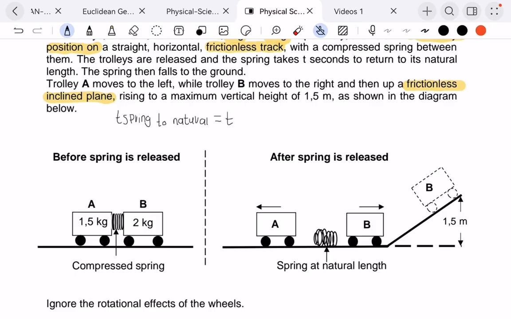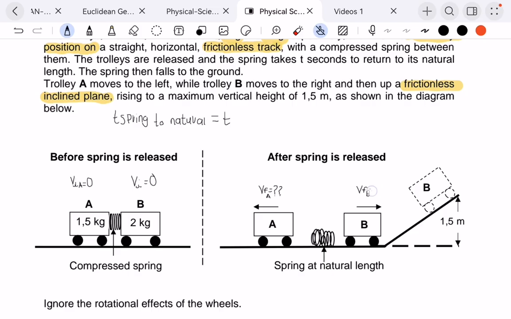So this is trolley A and trolley B. Initially they were at rest, so the initial velocity of A is 0, and the initial velocity of B is 0. We don't know the final velocity of trolley A, and we also don't know the final velocity of B.